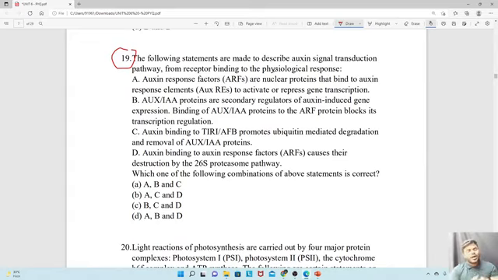See, imagine, friends, how many times they ask signaling questions in part C. Question number 19.